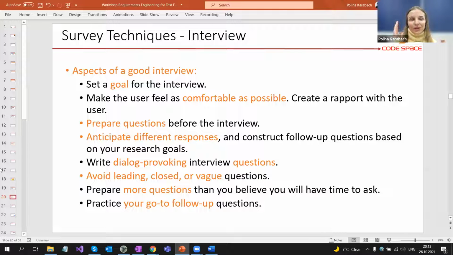So if we get some very short answer, or just this is a type of personality of this person, to be concise in explaining the thoughts, we can use these follow-up questions to really understand the situation better. Then we should avoid questions or comments that would guide the person to a certain answer.